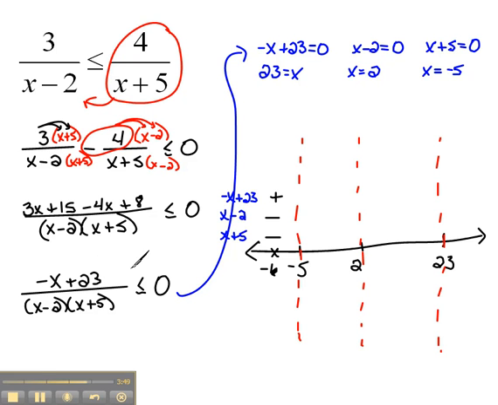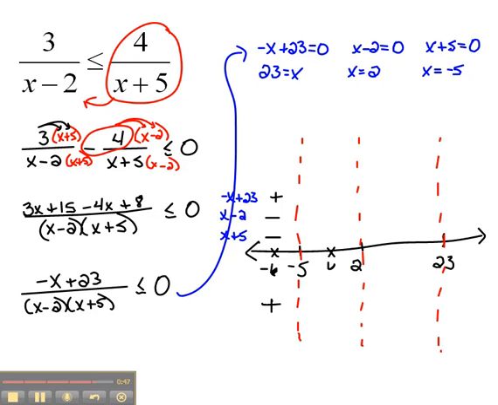Now look at what's happening here. We're going to be multiplying these two and then taking this divided by that. So we would have a negative times a negative is a positive divided by a positive is a positive. Now let's look in this section here.